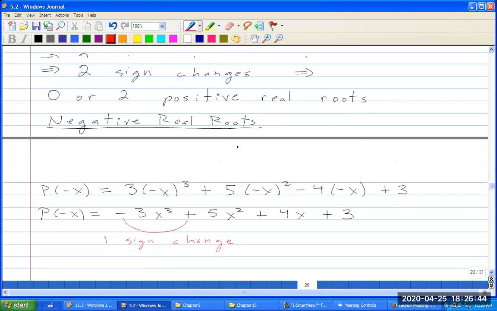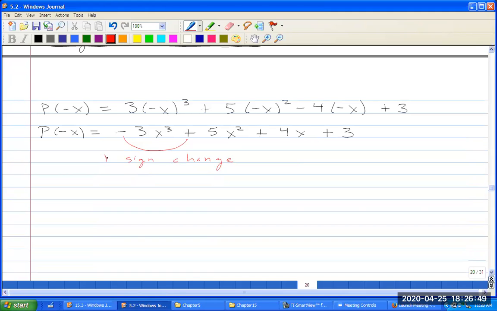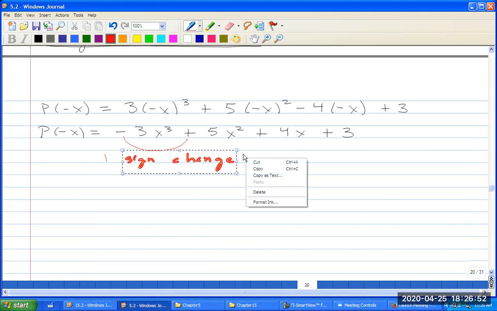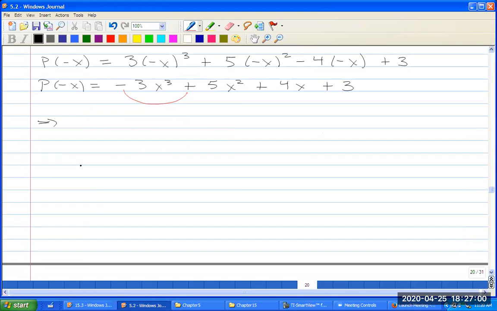So there's one sign change. Well, one is good.